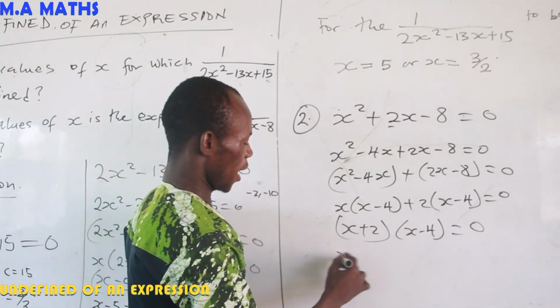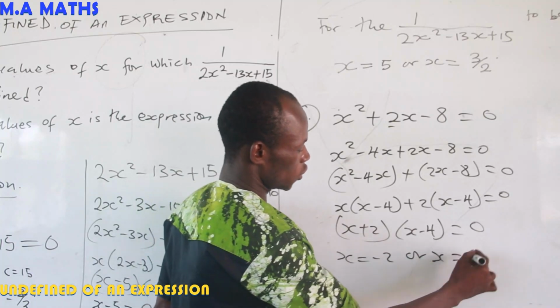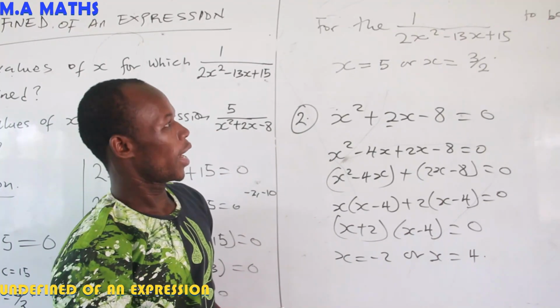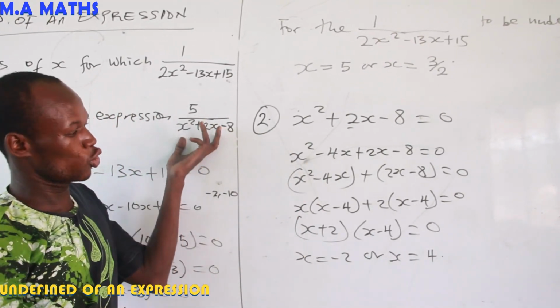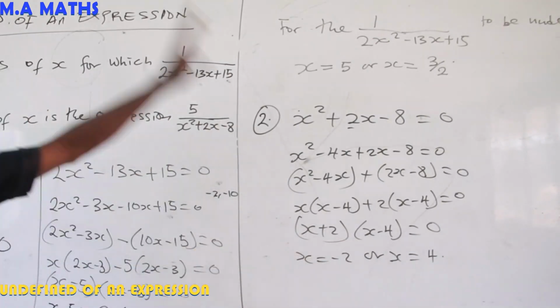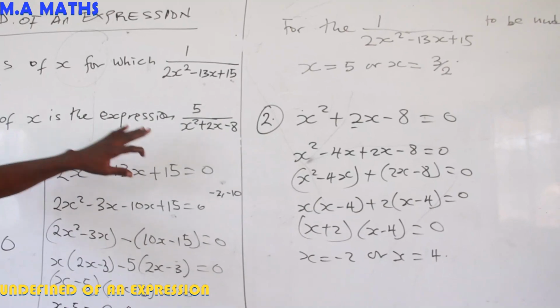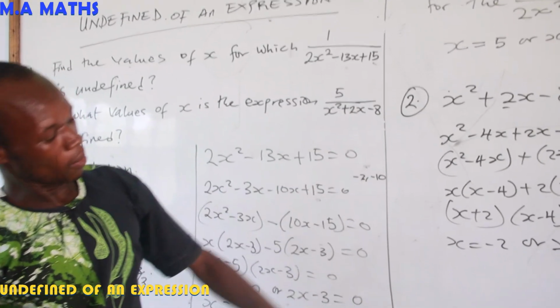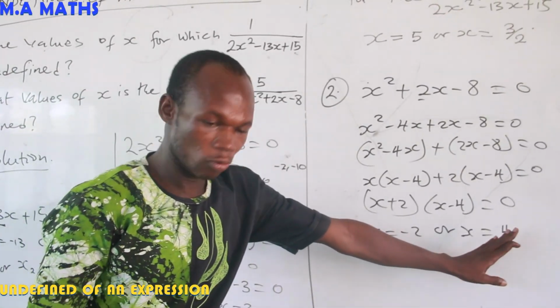So I now have x is equal to 2, or x is equal to negative 4. So this becomes my answer. Therefore, for this expression to be undefined, my x must be equal to 2 or x must be equal to negative 4.